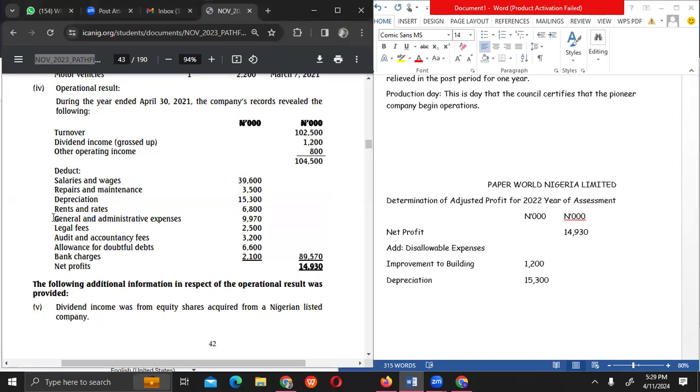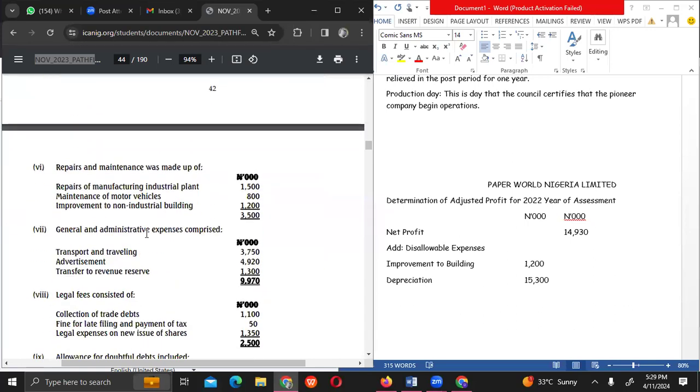General administrative expenses. You need to check also for this because there are usually items in general and admin expenses that may be disallowed for tax purposes. So let's check general and admin expenses.